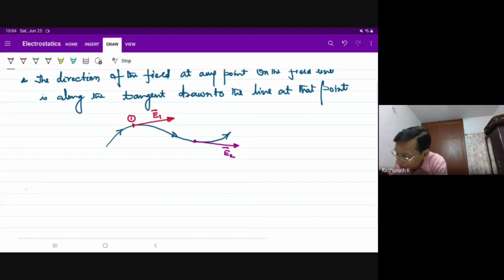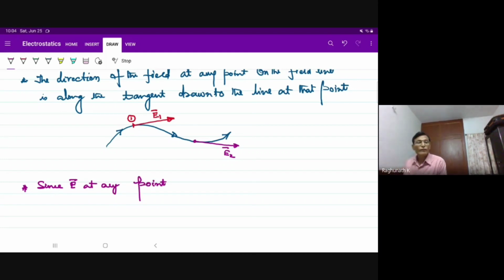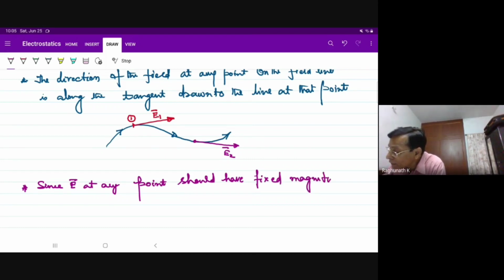Listen. Since E bar at any point should have fixed magnitude, correct only, and direction being a vector quantity. Let me add that.